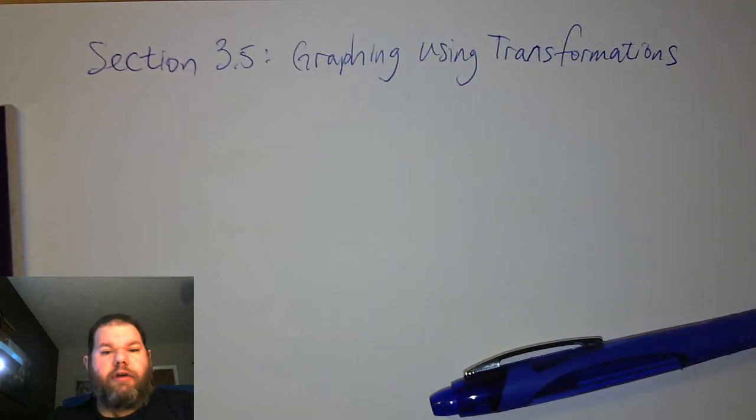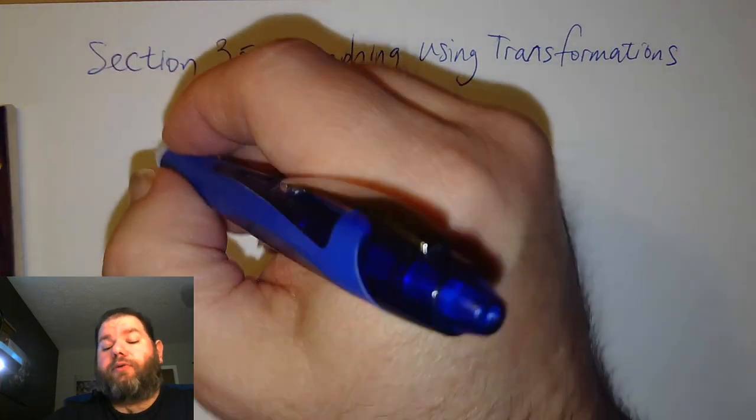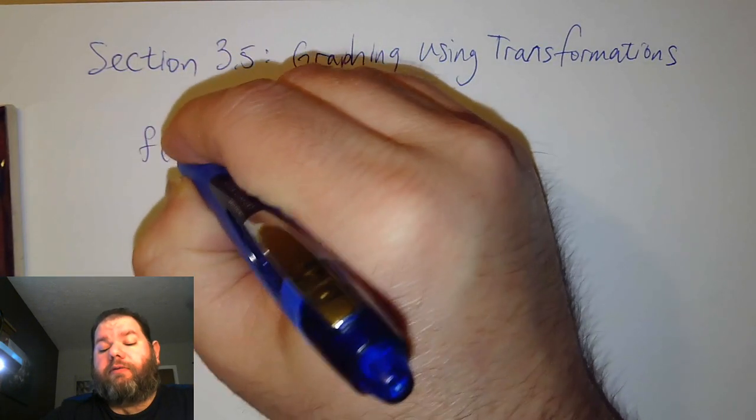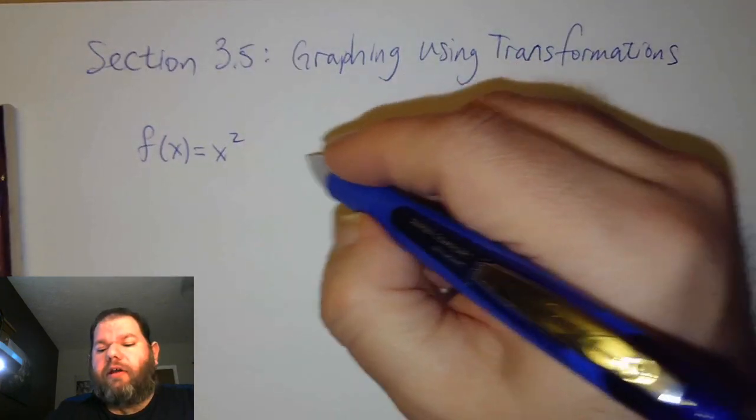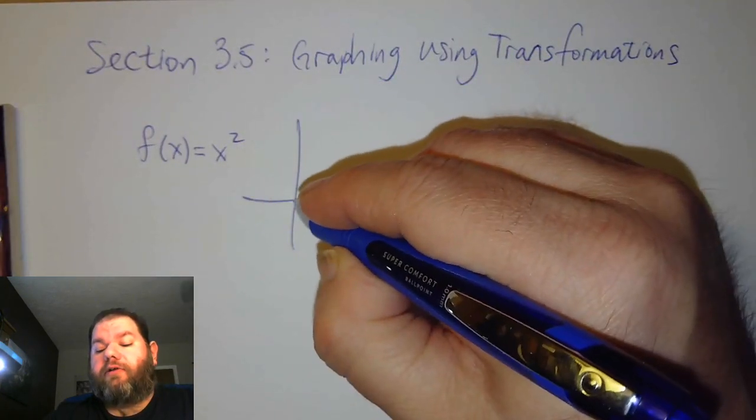And this section is on graphing using transformations. And the idea is that we could start with f of x equals x squared. That's our basic parabola starting at the origin.